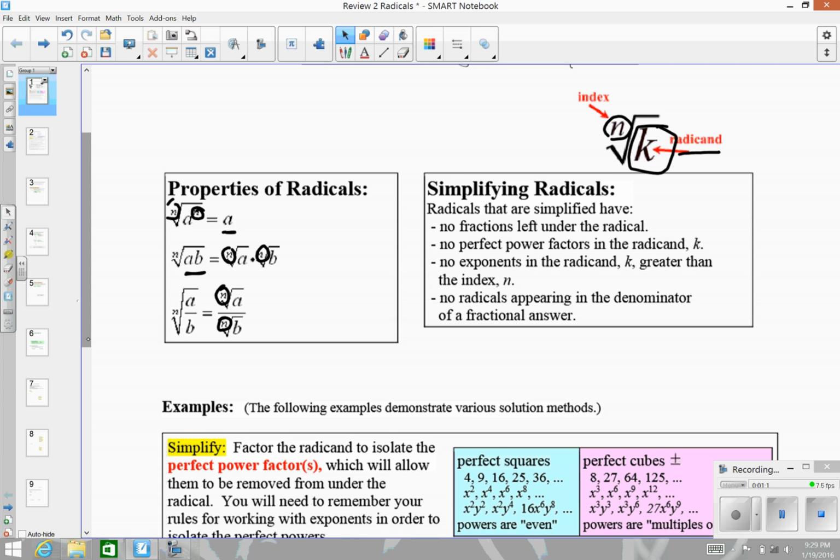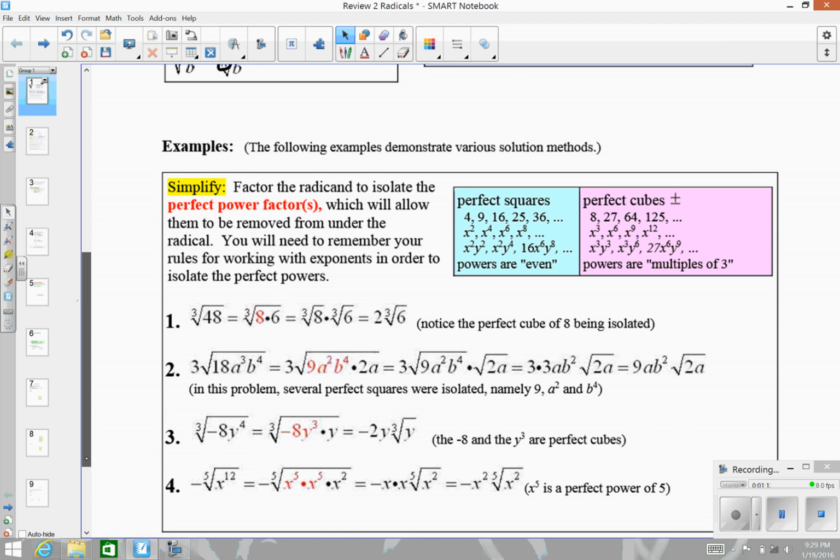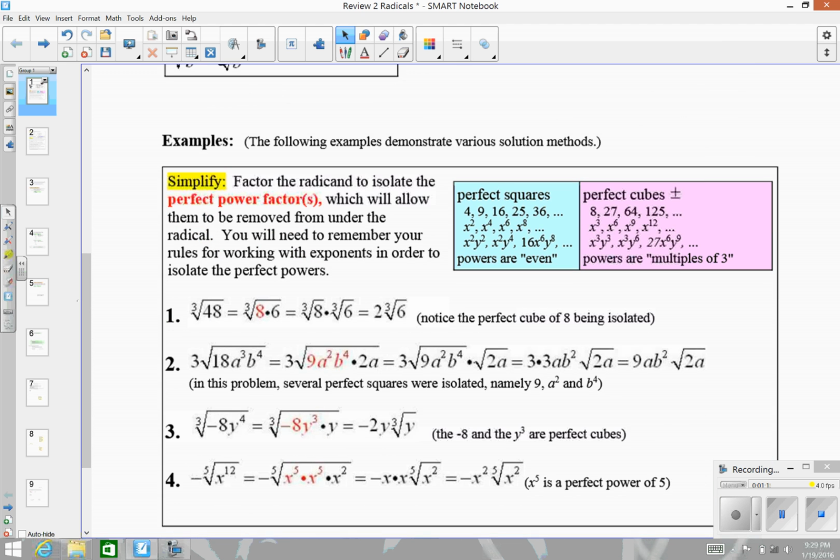Alright, having said that, we're going to take a look at some simplifying of these radicals. I'm not going to go through each of these examples. These are things that you can take a look at on your own, things that you want to make sure you are aware of, however. If your index is, say, a 3, you are looking for perfect cube factors to be underneath your radical sign.